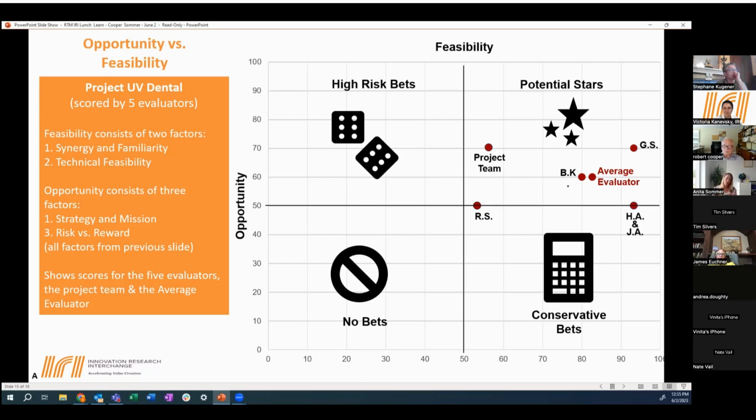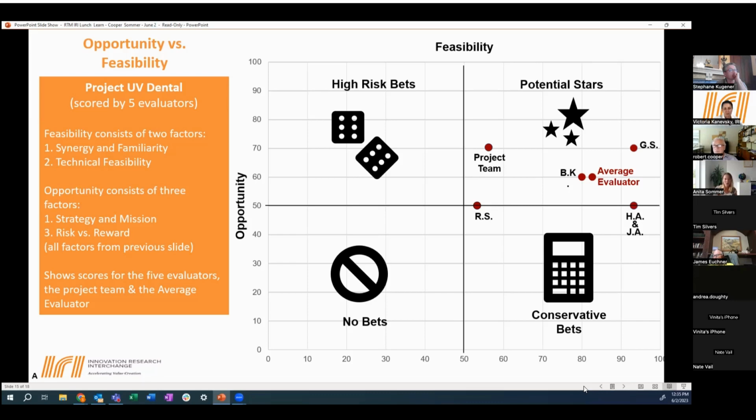But this is really a way to compare not only the different scorings from the different teams. That's where you have the dialogue, but you can also use it to score projects across. I use that very actively right now on sustainability projects. So it's not products for the market, but the sustainability projects fit really well into this system as well, where we are looking at feasibility and opportunity.